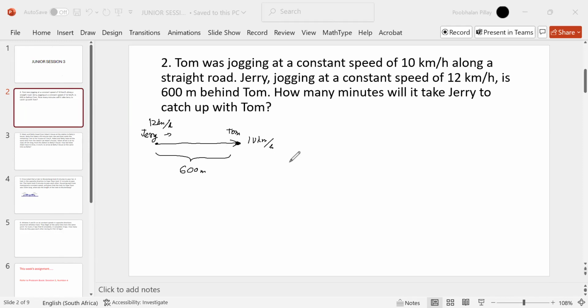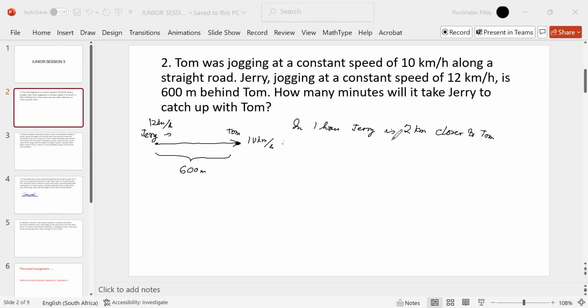All right, so there are two ways of doing this. You see, he's traveling at 2 kilometers per hour faster than Tom. So if you want to put it another way, in 1 hour, Jerry is 2 kilometers closer to Tom.